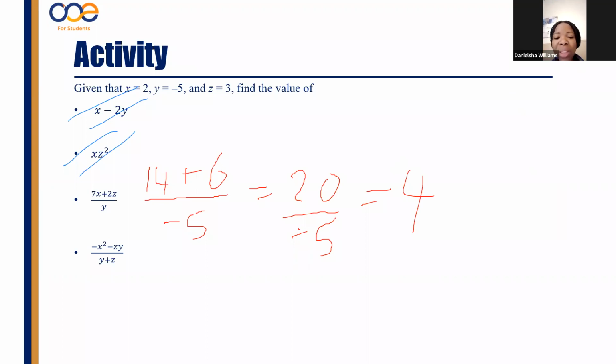That's one of the basic rules for working with positive and negative numbers in division or multiplication. Okay, so you can put your negative sign beside your 4.